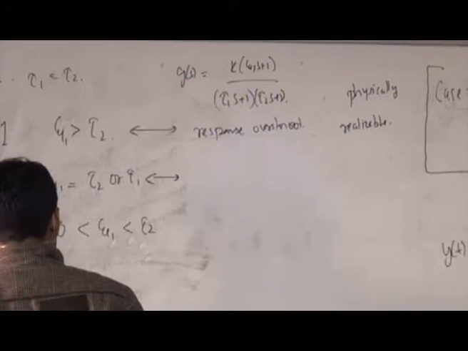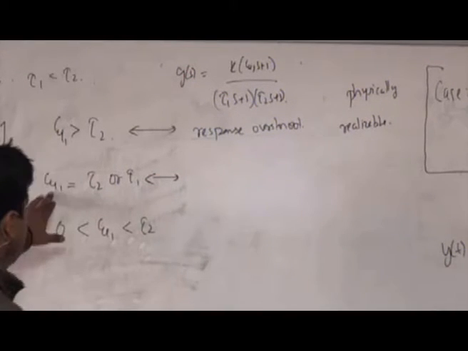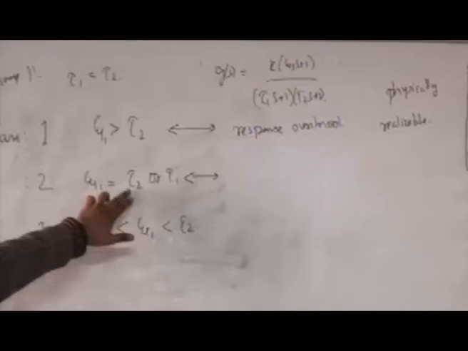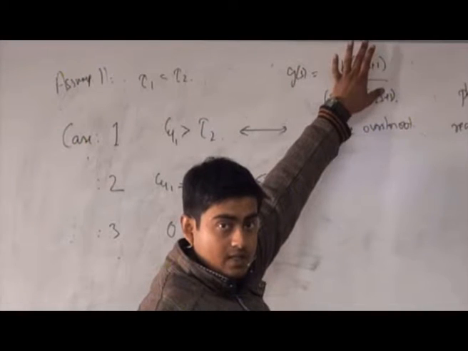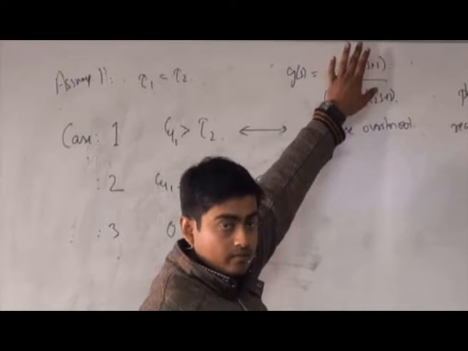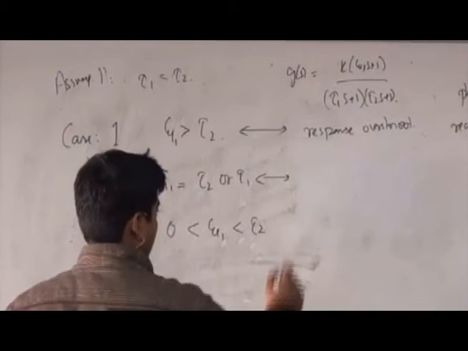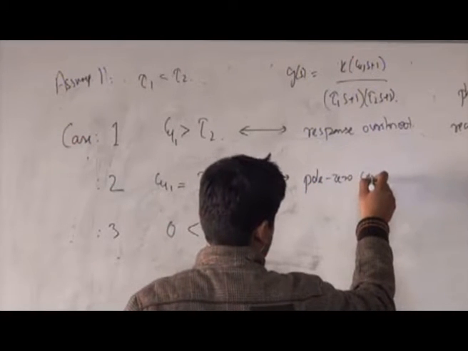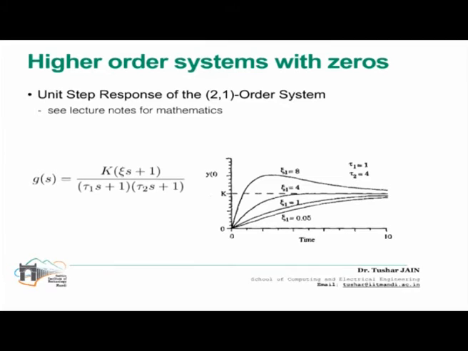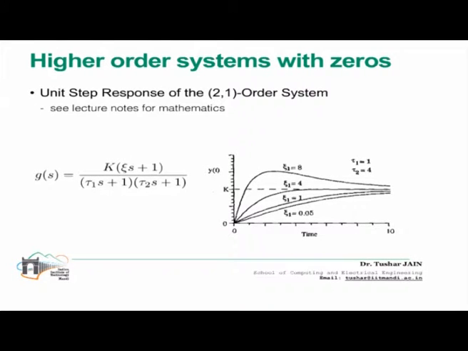If you put this condition that xi1 is either tau2 or tau1, what will happen? There will occur a pole zero cancellation. Okay, we call it pole zero cancellation.